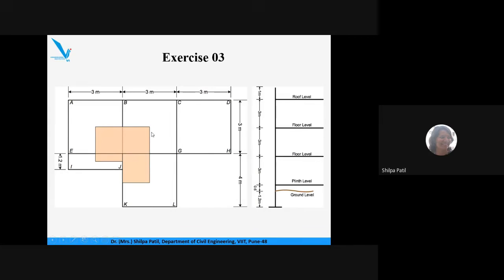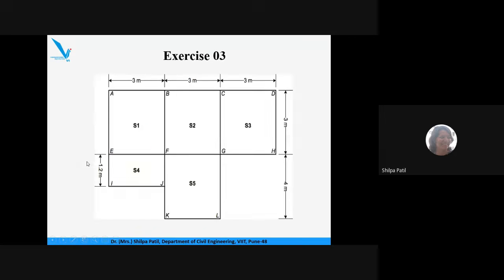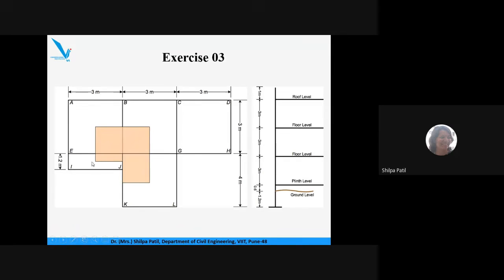Similarly, if you consider slab S2, it is again 1.5 by 1.5. This is S3, this is S4, if I'm not wrong. For S4, the dimension along the x direction is 3 meter, and along y it is half of 1.2, which is 0.6. For S5, slab number 5, again consider half of this, so half of 4 is 2, and this is 1.5, so 1.5 by 2.